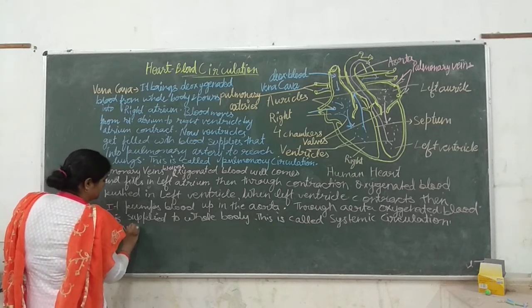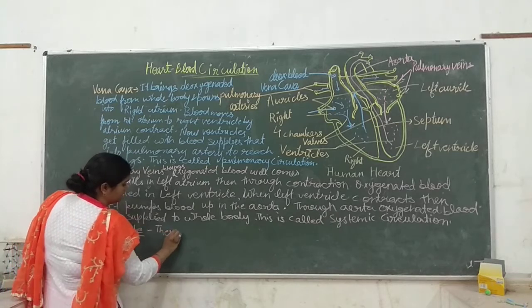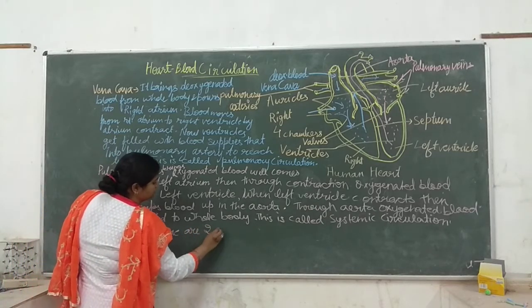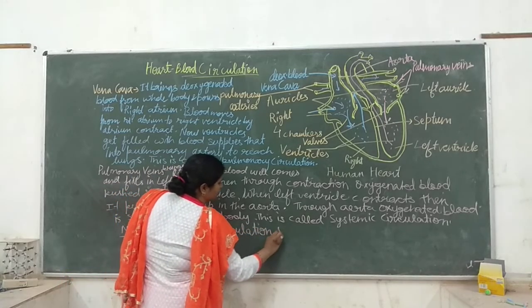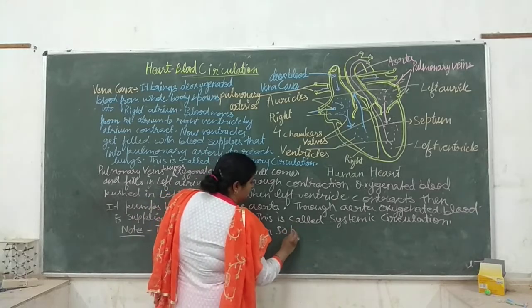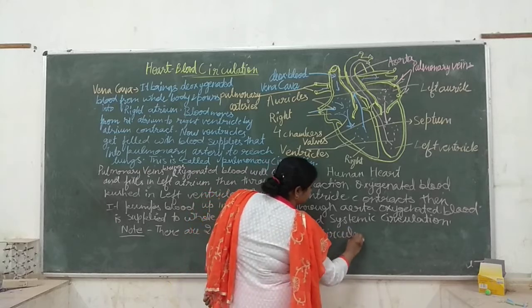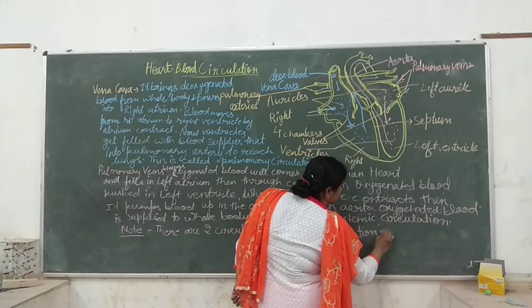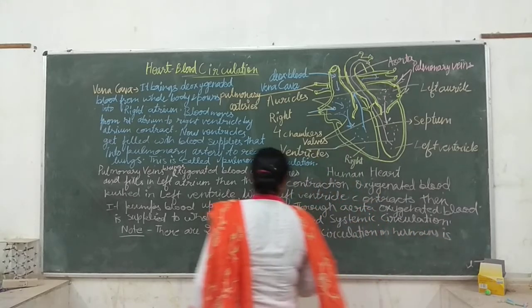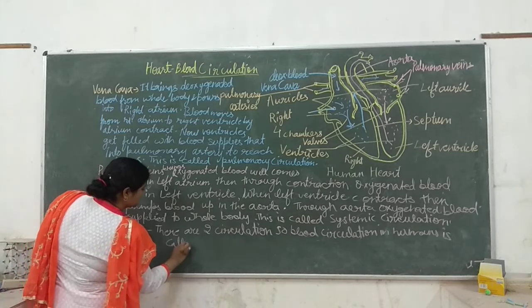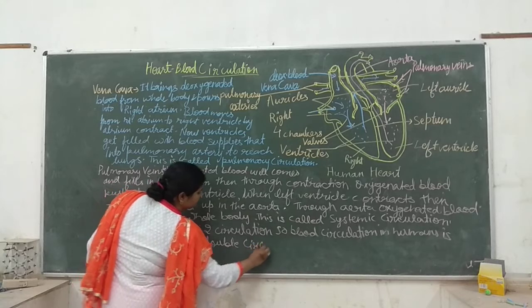So note, there are two circulations. So blood circulation in humans is called double circulation.